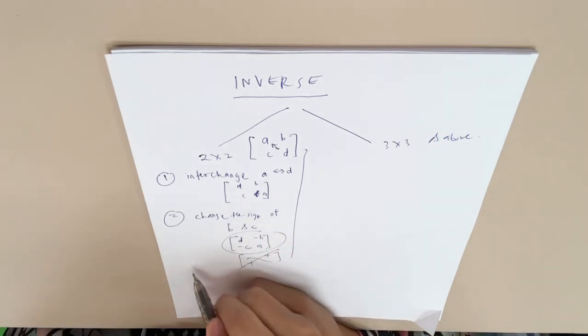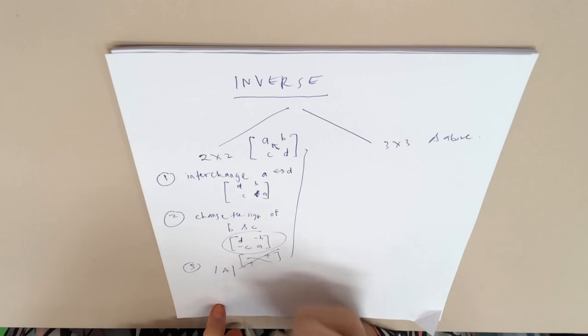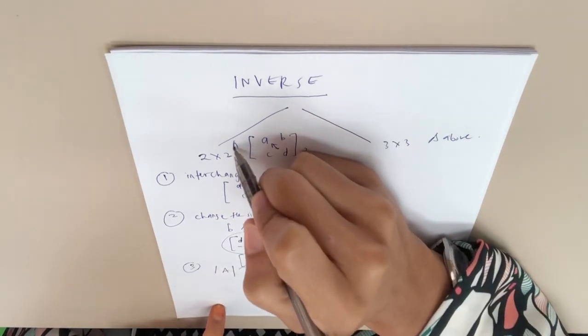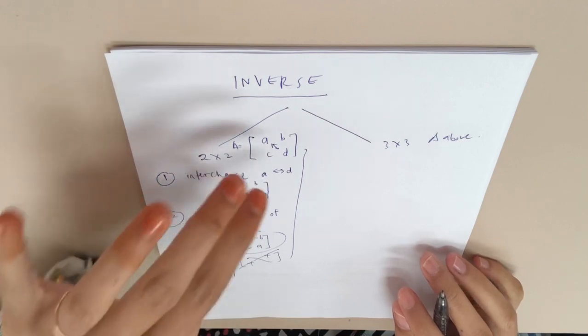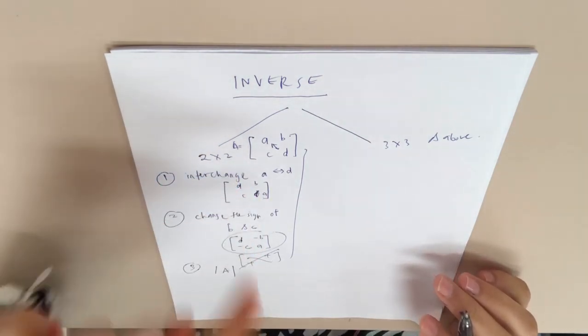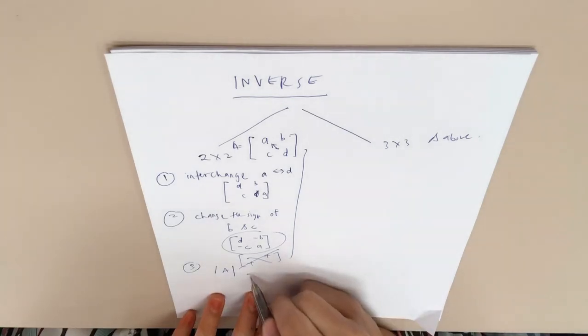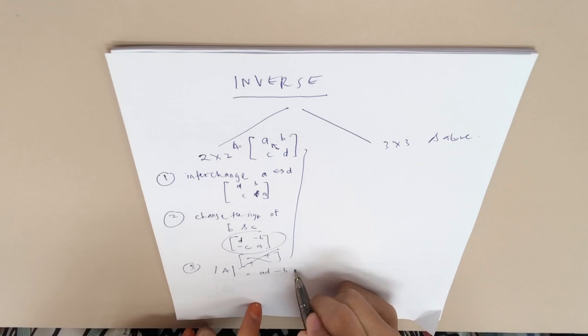Now step number 3 is to find the determinant of A. This is the matrix A from just now, the old A, not the new one. The determinant for 2 by 2 is simple: AD minus BC.